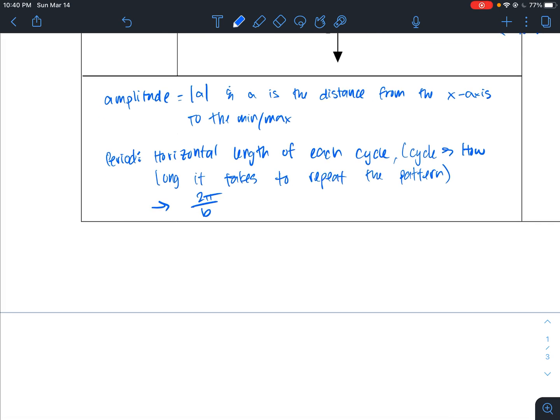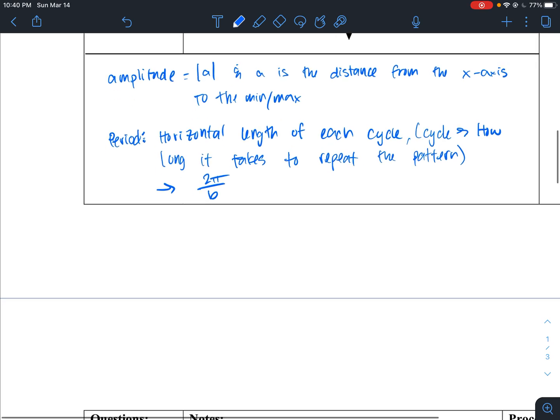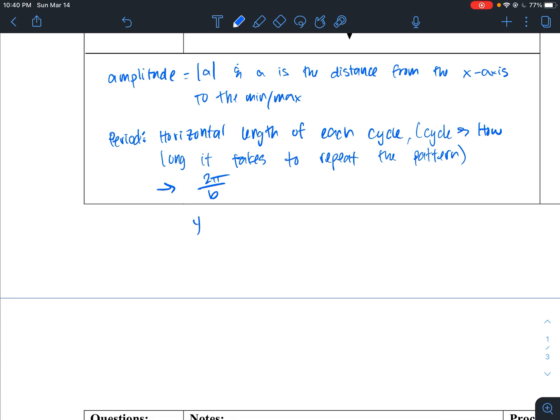Amplitude and periods are actually just stretches and shrinks, horizontal and vertical stretches and shrinks. So for example, if we have y is equal to a sine of bx, the parent function of the sine function, or if we have y is equal to a cosine of bx, you can see here that multiplying sine and cosine by a on the outside, so not multiplying x, this is a vertical stretch or a shrink.